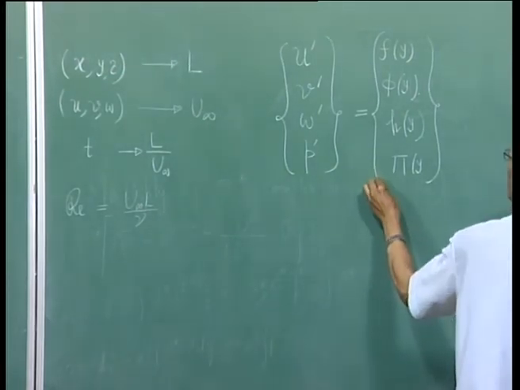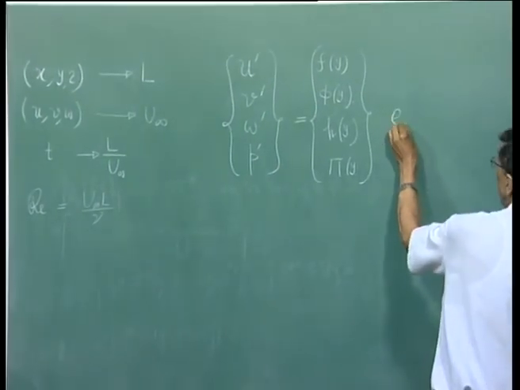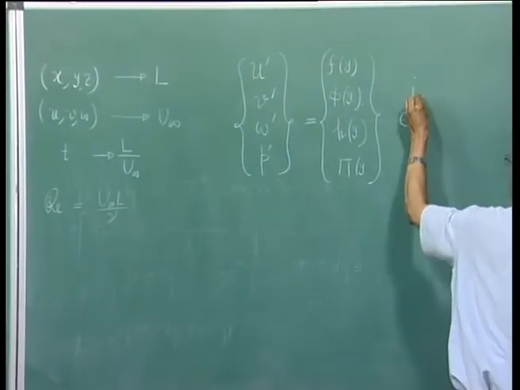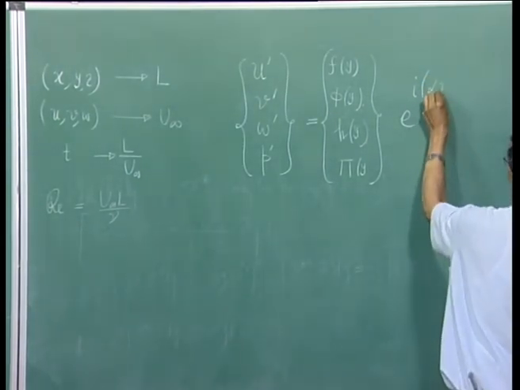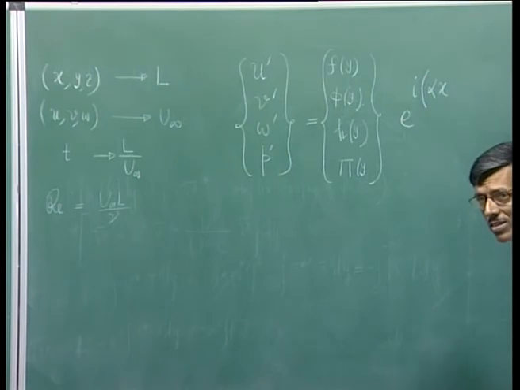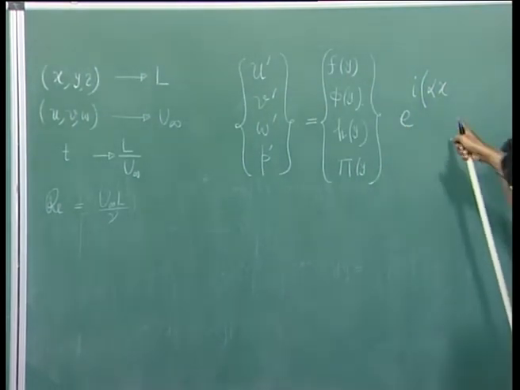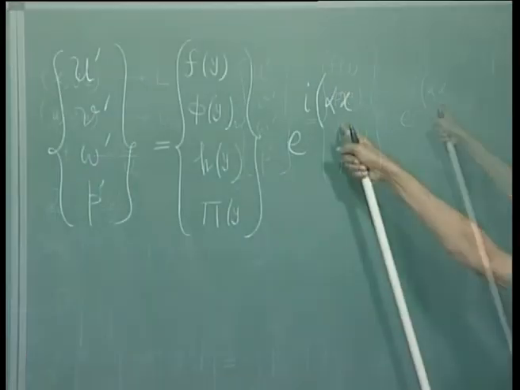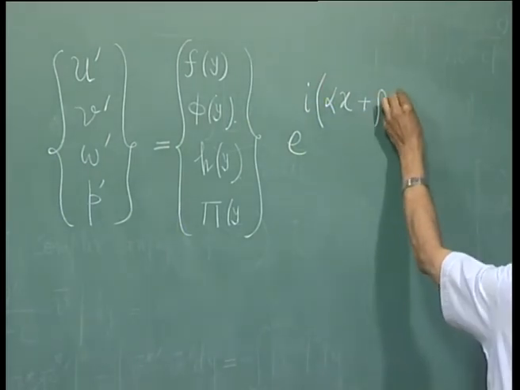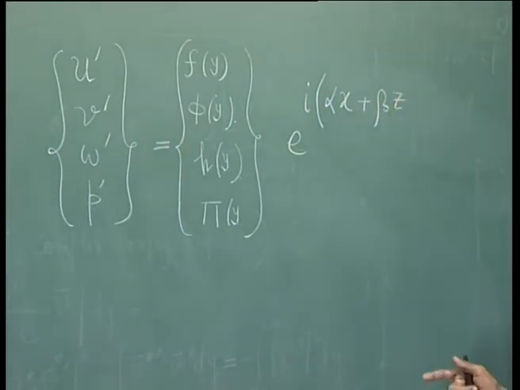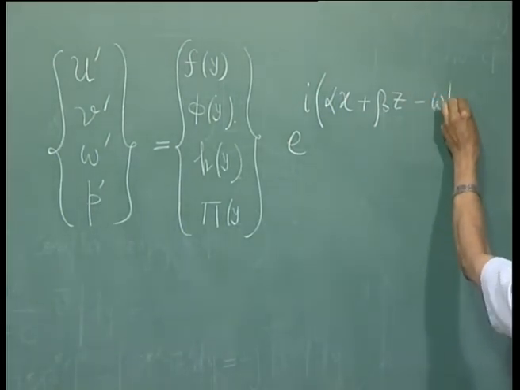In addition, we will have to write all its phase. Now, phase term, once again we will first write it down and then we will justify what we have written. We are looking at a 3 dimensional disturbance field. So, y dependence is here. I have x dependence written here. I will also have to write down the z dependence, and the time dependence of course comes out like this.